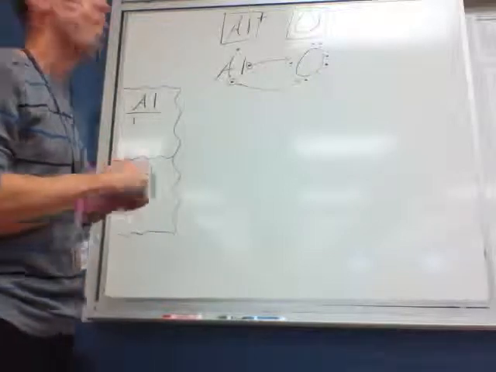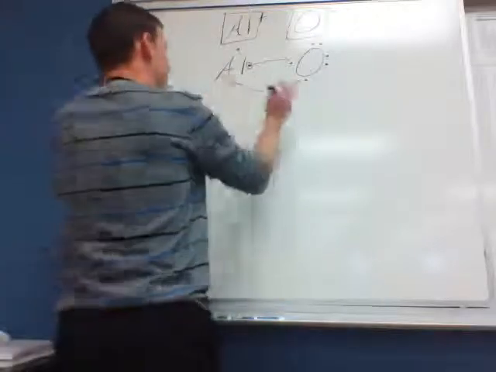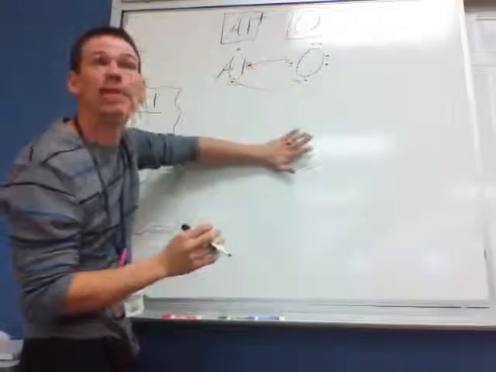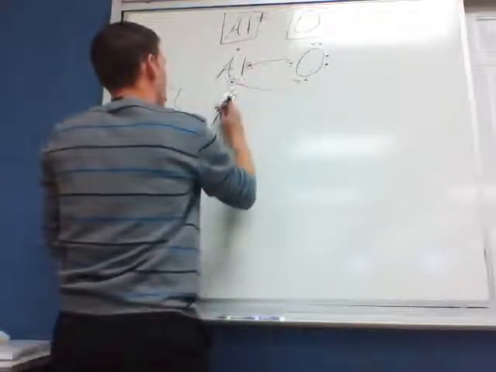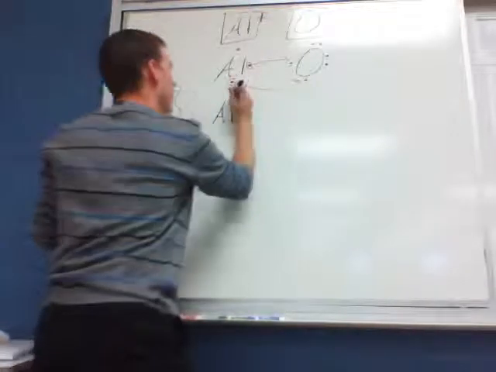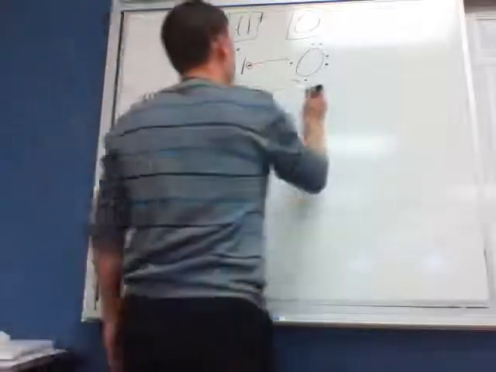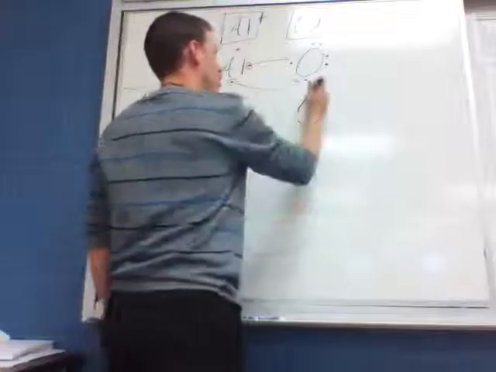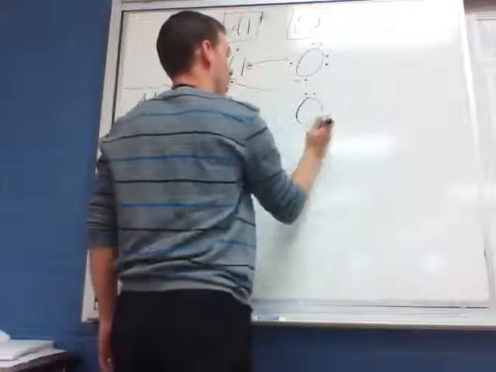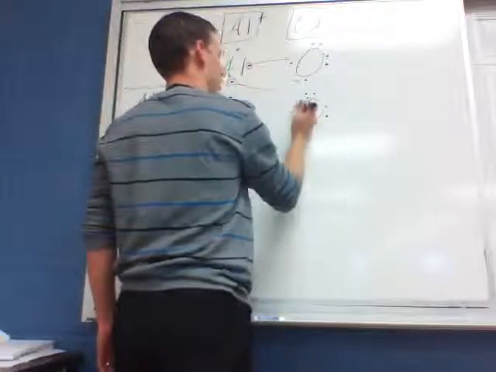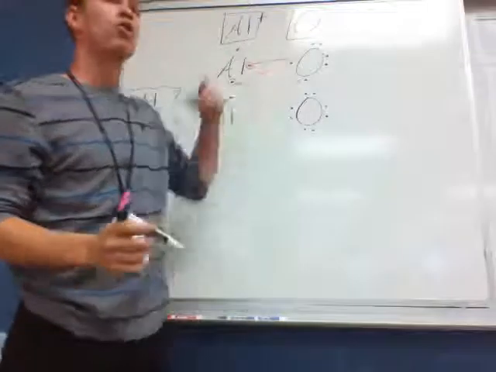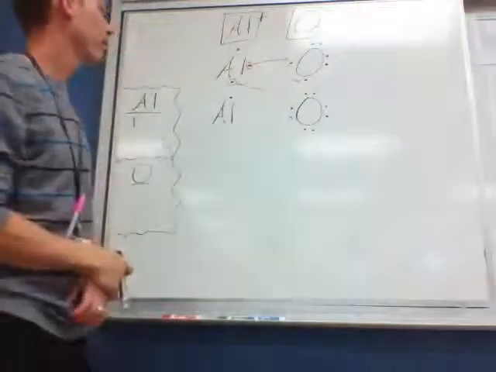All right? I'm going to redraw my pictures now. Now that that's happened, how many dots does aluminum have on him? He still has this guy, right? I was unable to move that electron. How many does oxygen have? Ooh, yeah, he's got a whole octet. All right? He had 6, but I moved 2 over.